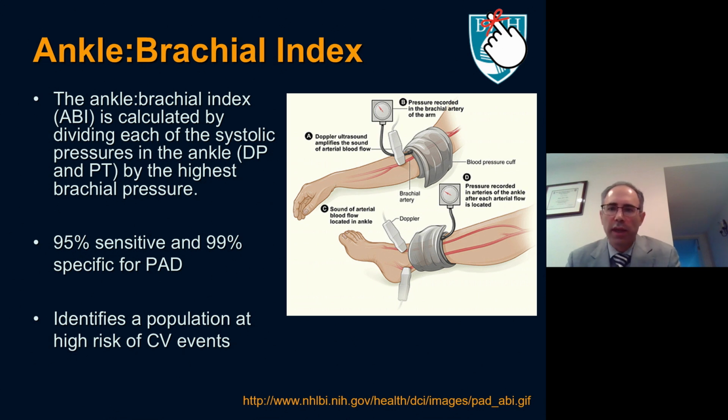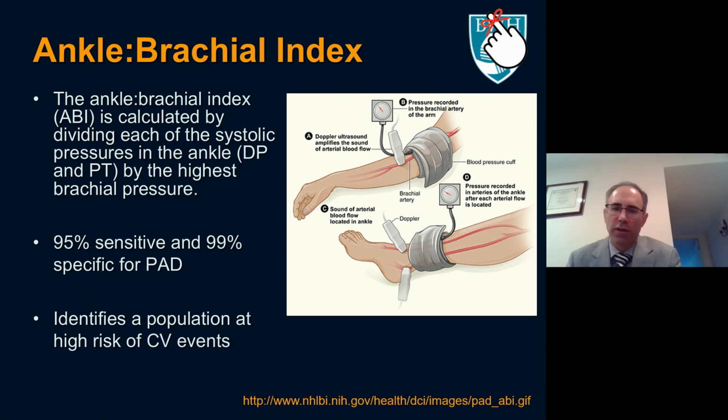And the way we do it is we, first of all, take blood pressures in both arms, and then we're going to take the highest brachial pressure and save that because that's what we're going to use for our brachial pressure. And then we use our Doppler to measure the dorsalis pedis pulse and the posterior tibial pulse. We inflate the cuff, make the signal go away, then decrease the cuff.